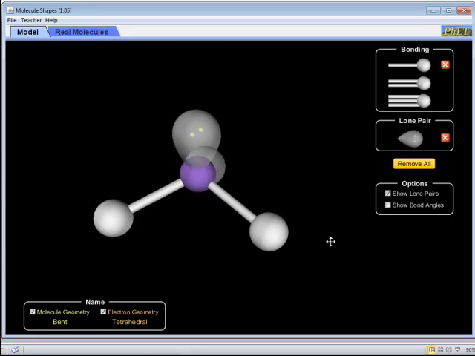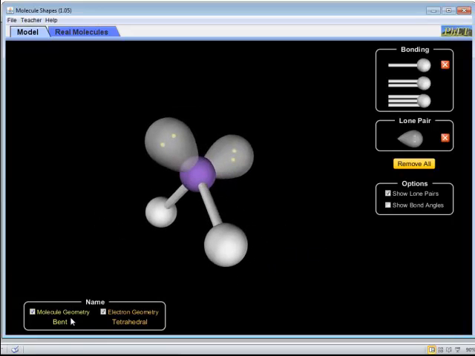So the shape of the molecule is actually bent. As we said before, the effect of the lone pairs will push, because now I have 2, so we'll push those bonds even closer together, hence reducing the bond angle.